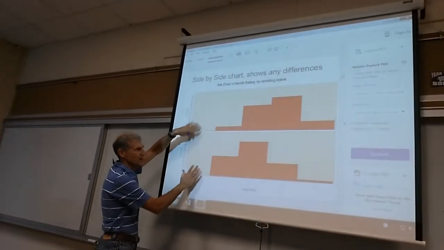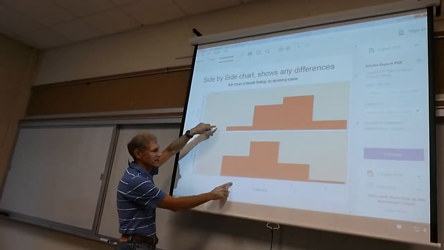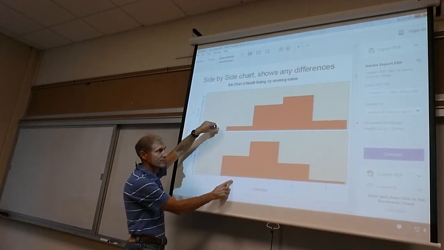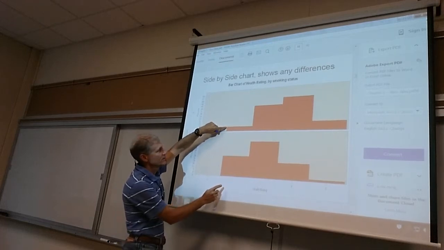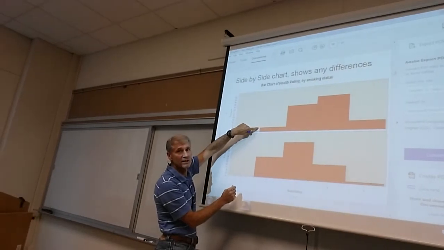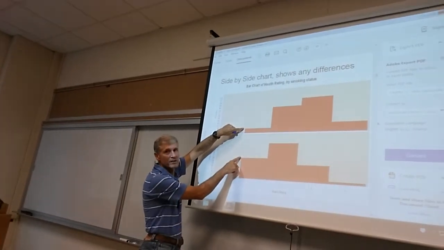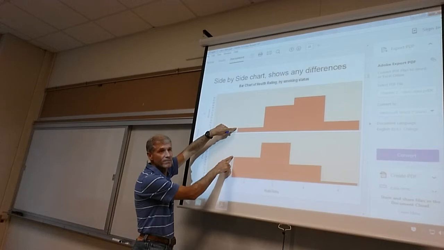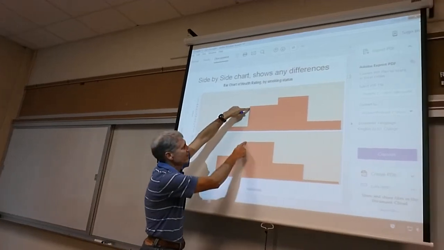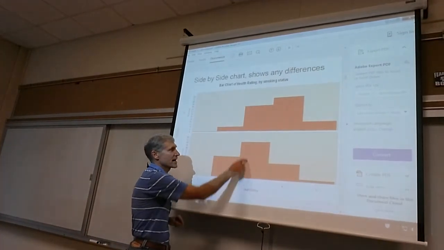So what do you see here? The ones, there's not enough to really compare, but at a health rating of fair, you don't have near as many non-smokers as you do smokers that say they're only in fair health. And then these are fairly even. Smokers a little bit higher.